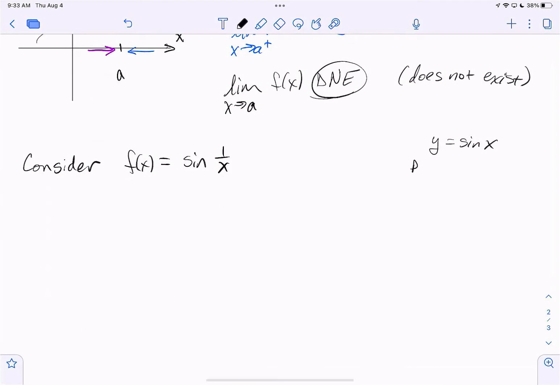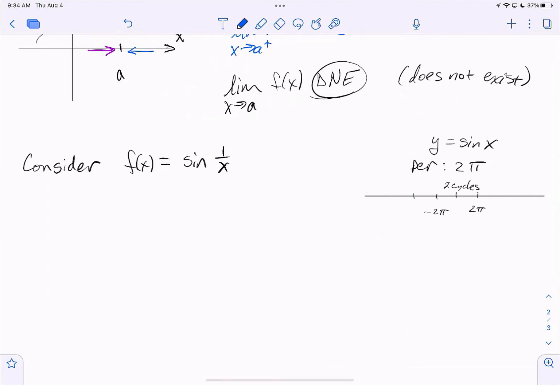We know that the period of y equals the sine of x is 2 pi. And so if I think about a number line, then from negative 2 pi to 2 pi, I'm going to come up with 2 cycles of the sine function. If you need to, draw a quick graph and you'll convince yourself pretty quickly.